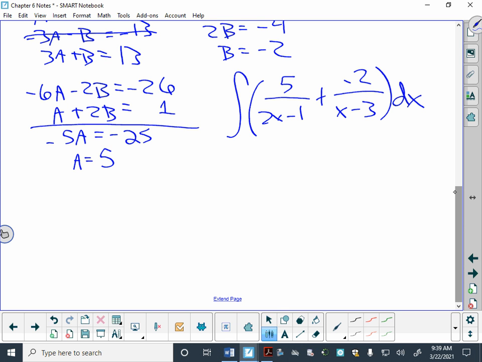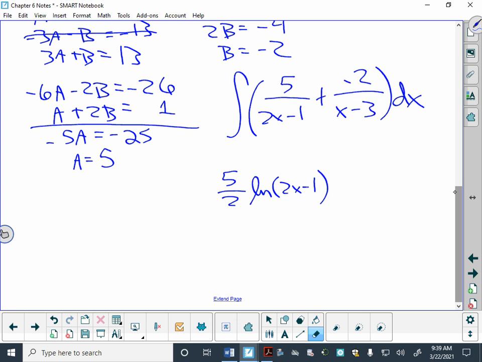Okay. Let's see, this is going to involve a natural log of 2x minus 1. It would be the 5 from there, and the chain rule would kick out a 2, so I would need a 5 halves in front of that. Okay with that? That's the absolute value of it.